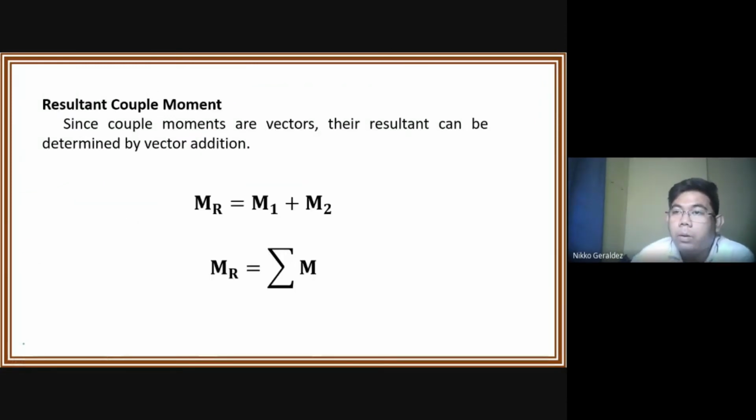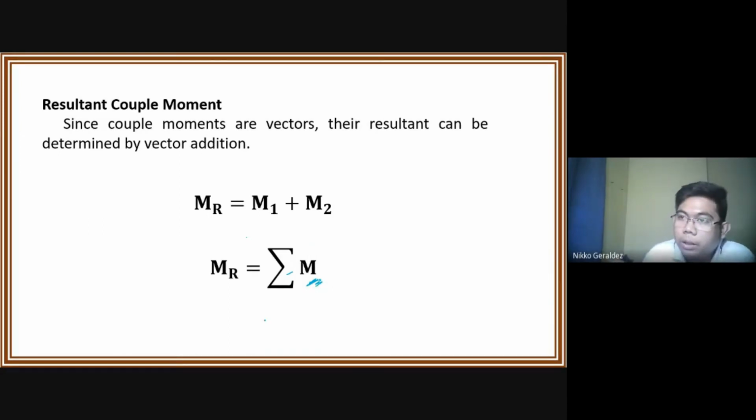Then, resultant couple moment. Since couple moments are vectors, their resultant can be determined by vector addition. Resultant couple moment is equal to M1 plus M2, or the summation of couple moments.